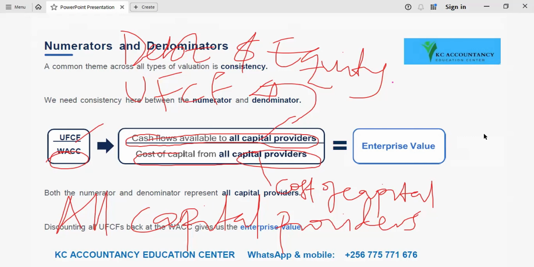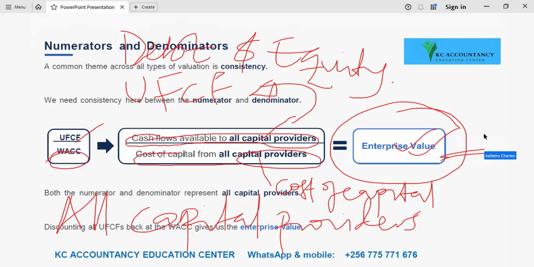So when we are discounting the unlevered free cash flows, we use the weighted average cost of capital. And that gives us what we call the enterprise value, as you are seeing on the right hand side.